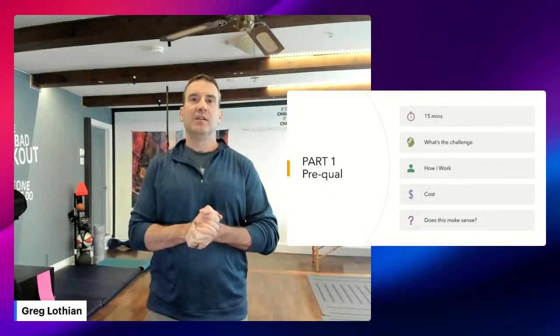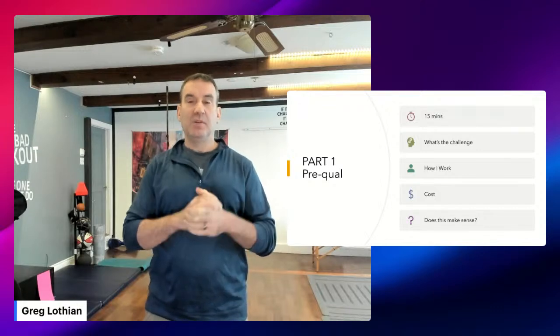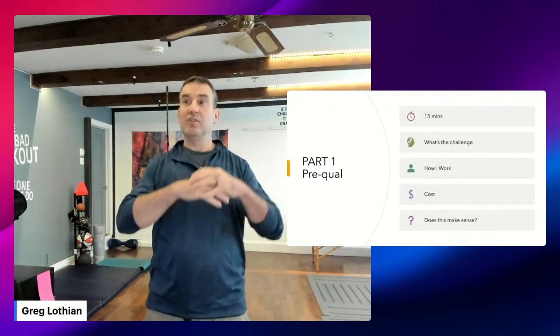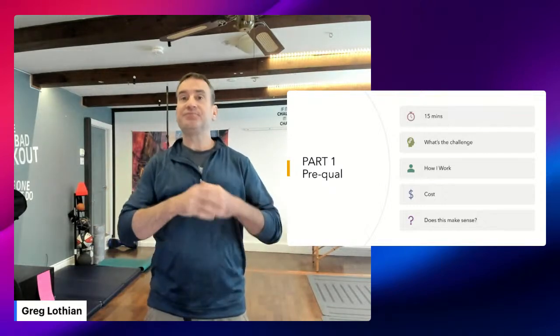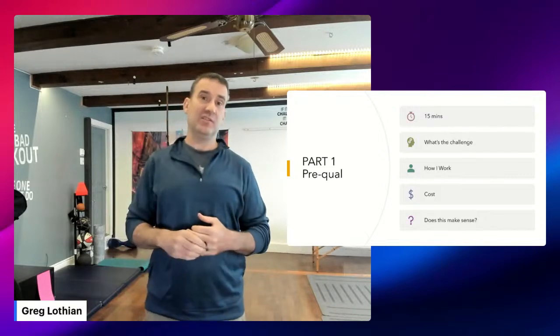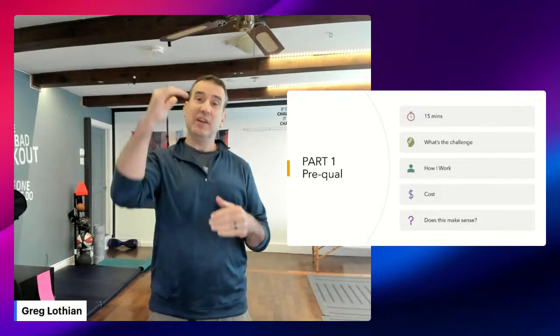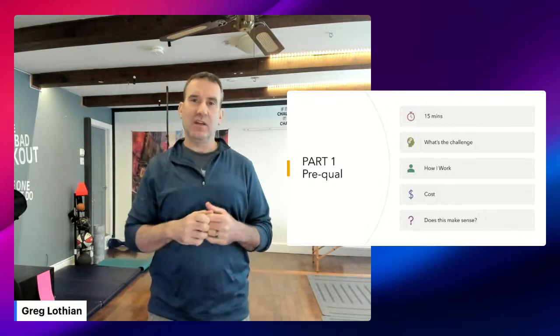Perfect. The next step, lay out the cost. Because now that you've talked about the benefits, you've talked about the program, it's time to talk about the cost of this and the cost benefit of this. So you get this, and this, and it's only going to cost you that.